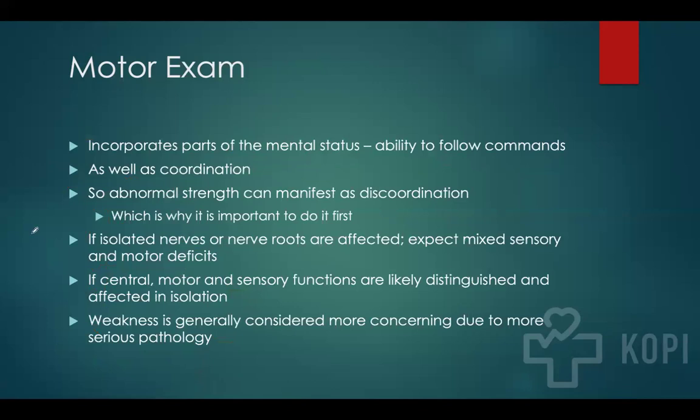Motor exam is tough sometimes because the patient needs to be able to follow commands in order to do it. If the patient has altered mental status, there are ways to assess strength. Usually I try to actually pull on the patient. I'll sometimes fit my finger into their hand and then pull, or I will assess tone. That's the other way to gather whether or not they have any neurological weakness.